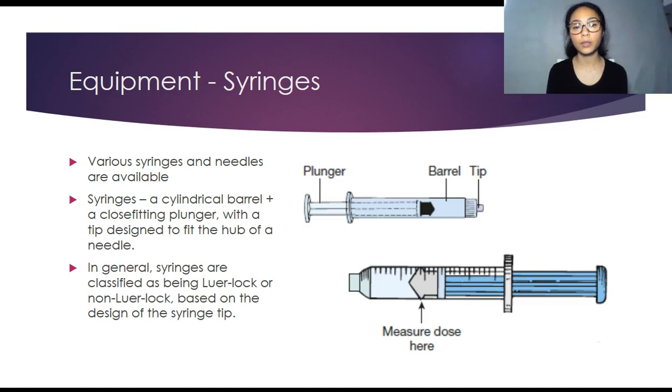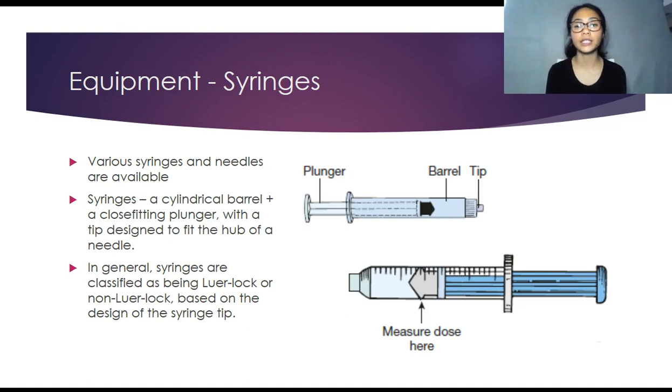The plastic syringe consists of a cylindrical barrel, which you can see on the slide, and a close-fitting plunger with a tip that's designed to fit the hub of a needle. We're going to talk a little bit more about that hub and how it attaches to a needle as well. So there's a barrel, and there's a plunger that you can control the drawback and the pushing of the medication.